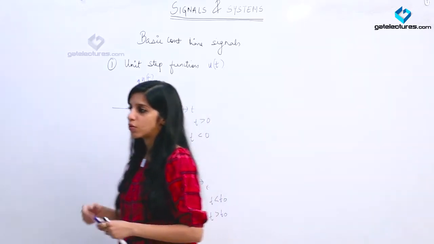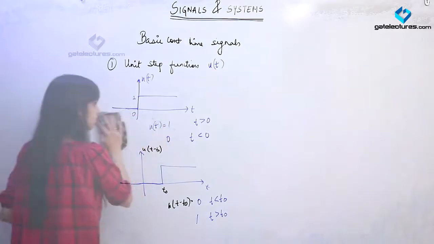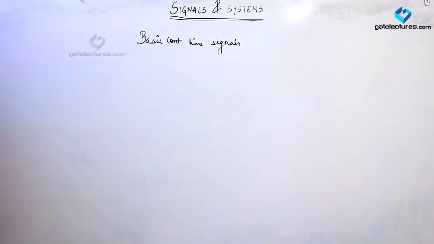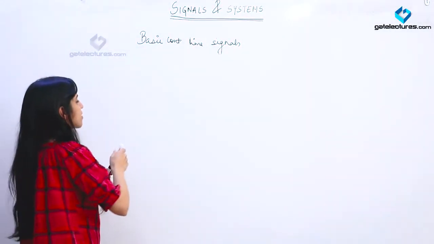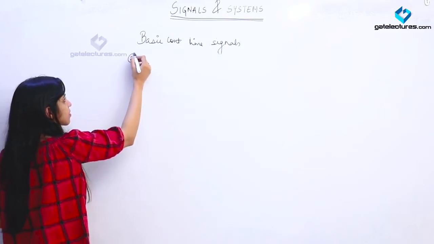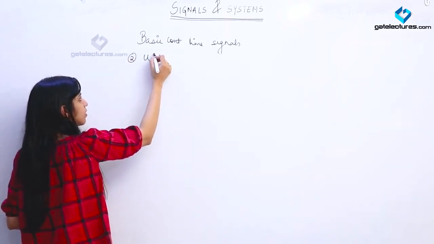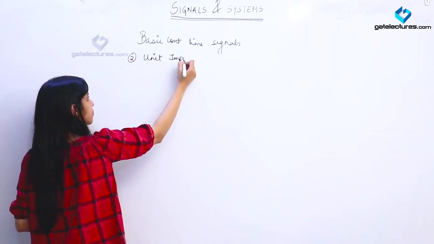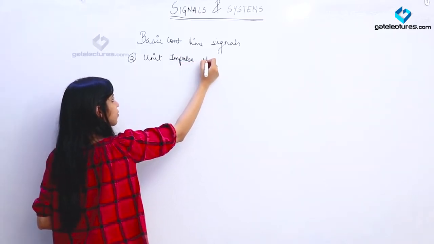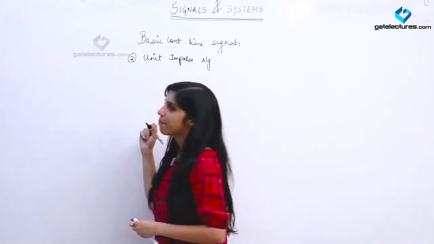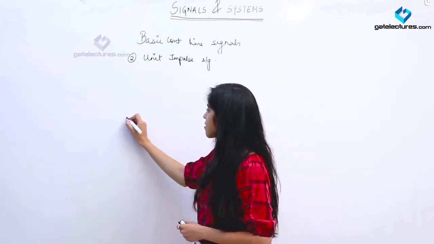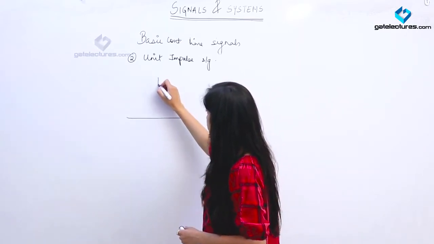The next function that we are going to look at is the unit impulse function. This is the unit impulse signal. This is how we are representing a unit impulse signal.